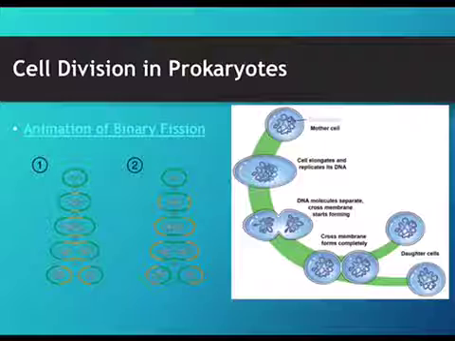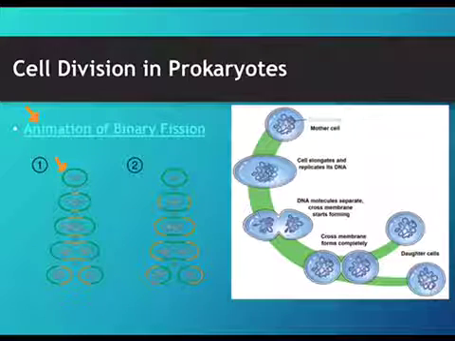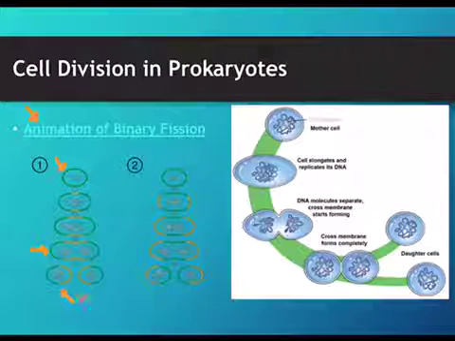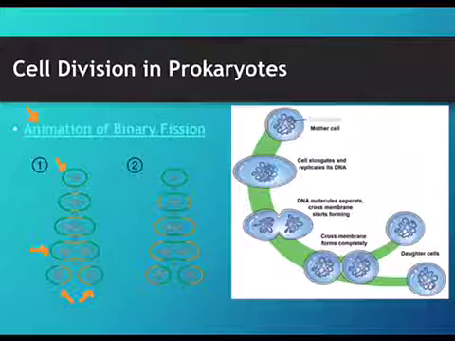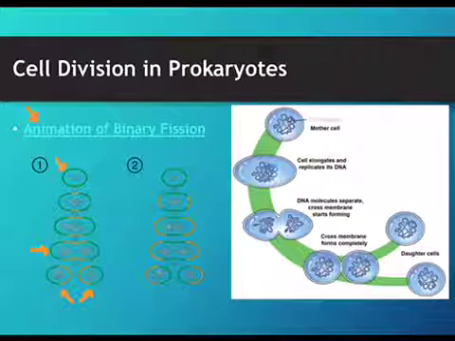In your own time, you should watch this animation of binary fission. And so this first diagram shows you your original cell in green. Then the DNA replicates, and you can see in orange the new cell membrane starting to grow, and in that second to last step you can see it starting to pinch inwards, and then it ends with 2 genetically identical daughter cells, each with half their membrane being new and half of it being old, indicated by the green and the orange.